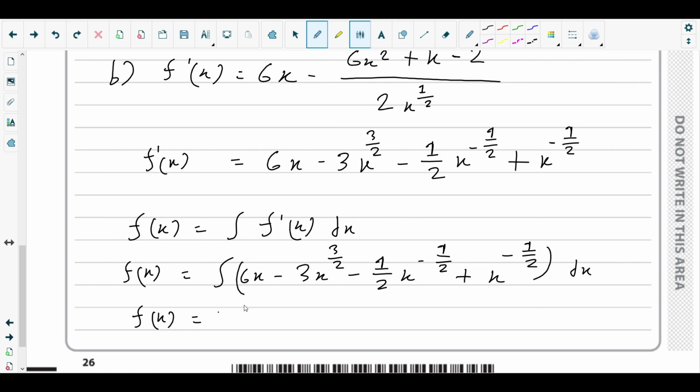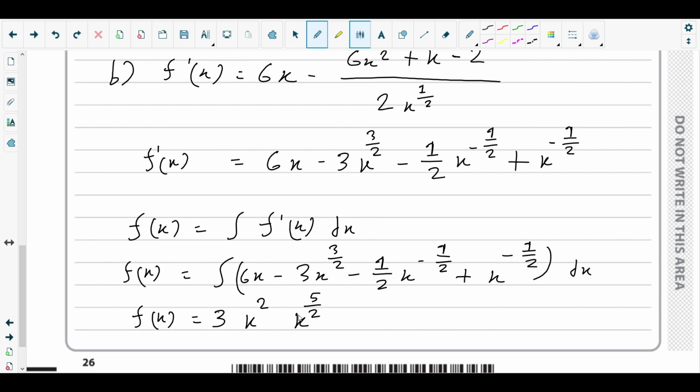So f of x would be what? In integration what we do? We add 1 to the power and then use the new power to divide the coefficient. So here the power of x is 1. So 1 plus 1 is 2, that means it would be x squared. So the new power is 2. Use 2 to divide 6, that would give you 3x squared. Same approach, x to the power 5 over 2.